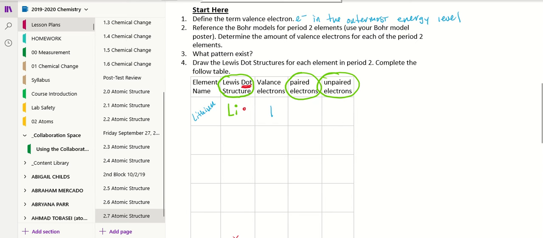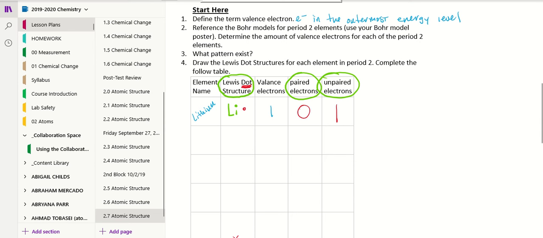Boom. There's my Lewis dot structure. Do you see any paired up electrons? What does paired mean? 2. So do you see any groups of 2? No. So you have 0 paired electrons. How many unpaired electrons do you have? In this case, you have 1.